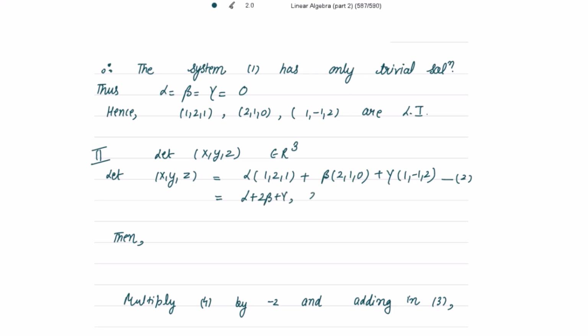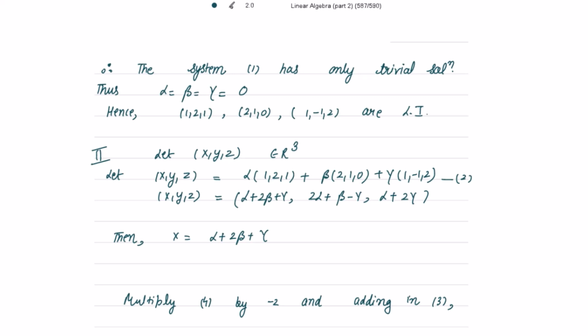And then 2 alpha plus beta minus gamma, and then alpha plus 2 gamma. Fine. So this is x, y, z. Then I have now three equations. This x is equal to alpha plus 2 beta plus gamma.